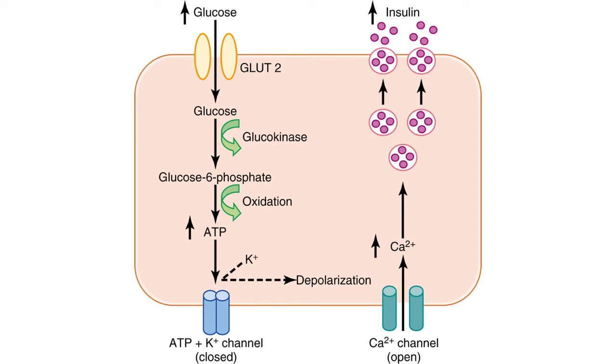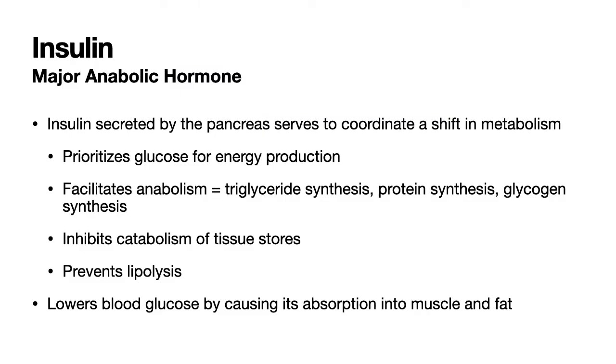Insulin will then enter the circulation and exert its action in the cells which carry its receptor. So you have to understand that insulin is the major anabolic hormone.